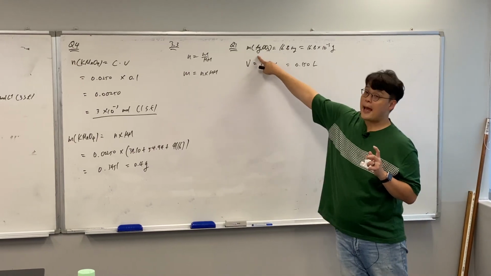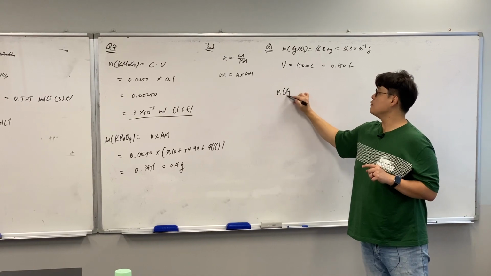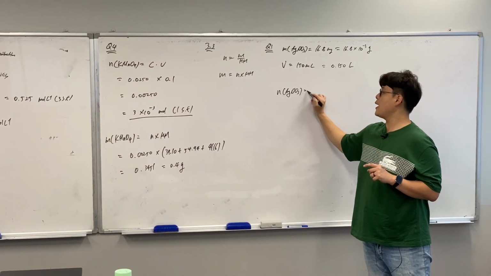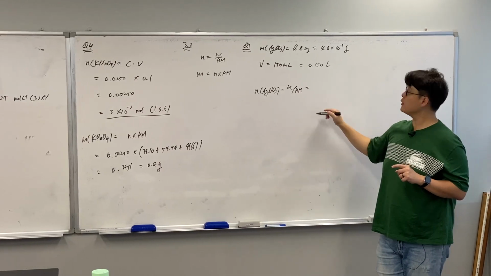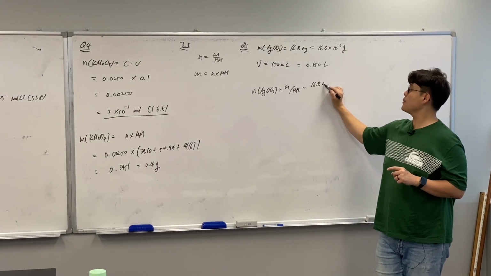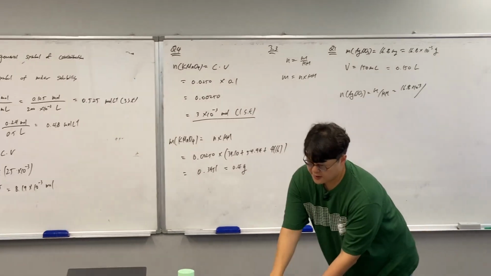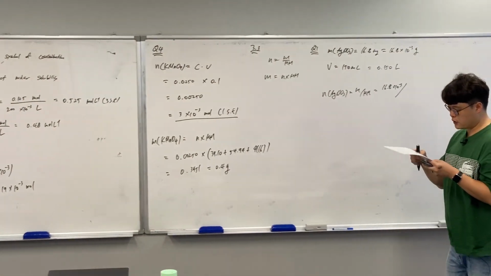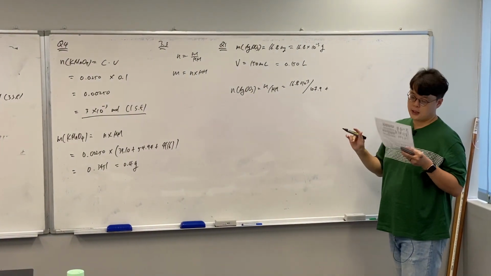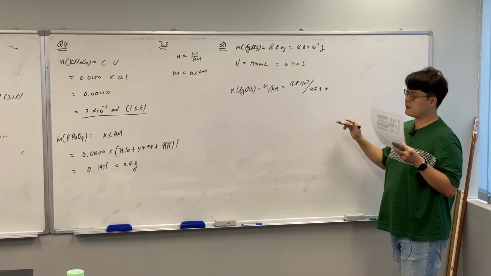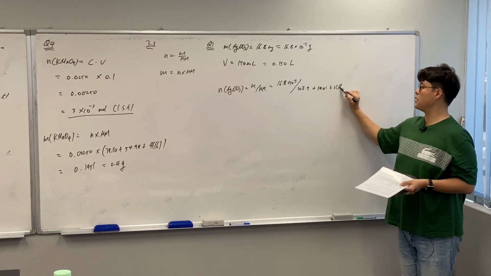Then we can find the number of moles of the silver nitrate by n equals mass over molar mass. That is 16.8 times 10 to the power minus 3 divided by all the silver, nitrogen and oxygen. The silver is 107.9 plus nitrogen 14.01 plus 3 times 16.